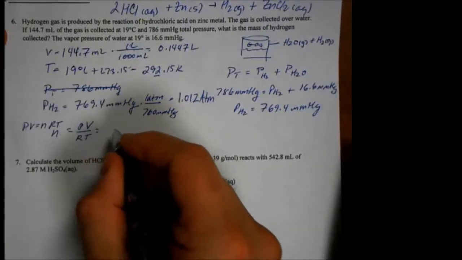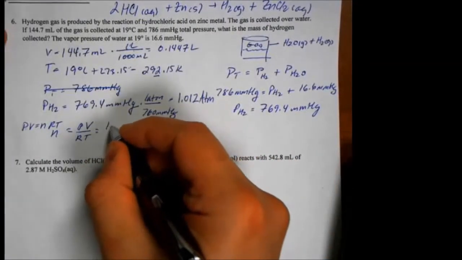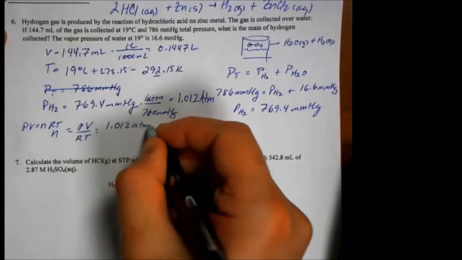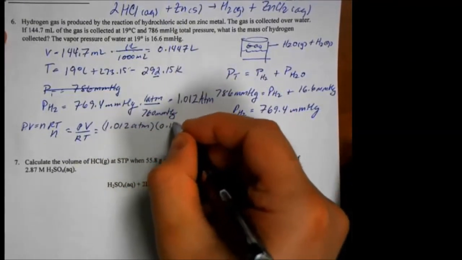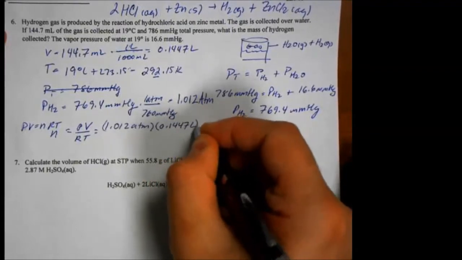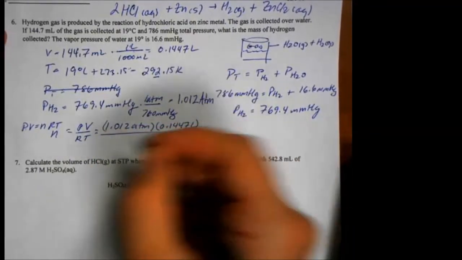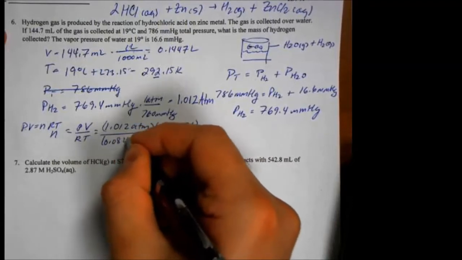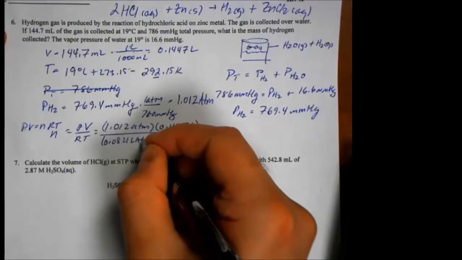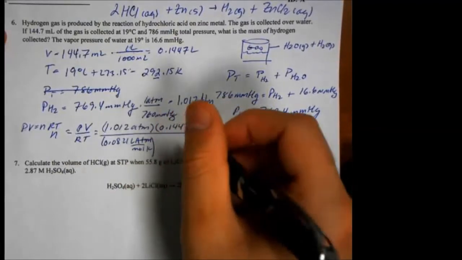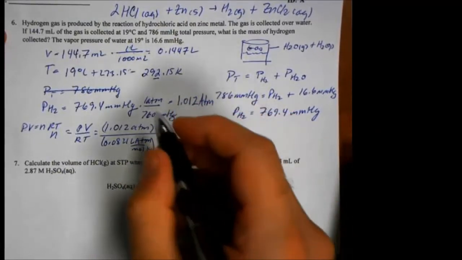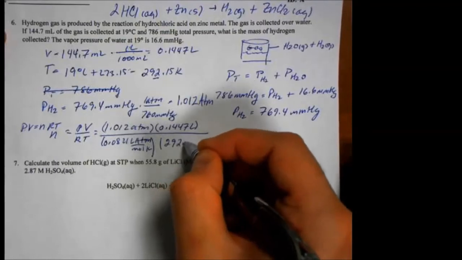So if we plug in all of our values, 1.012 ATM is our pressure. Our volume is 0.1447 liters. Our gas constant is 0.0821 liters atmospheres per mole Kelvin. And our temperature is 292.15.